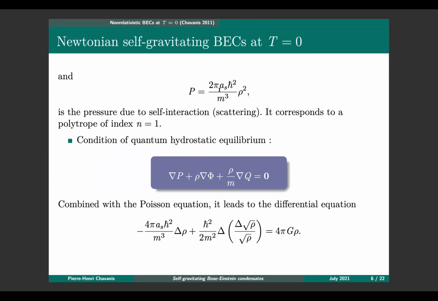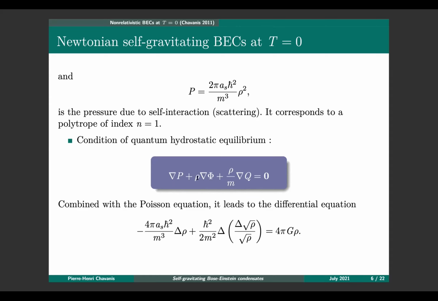When the scattering length is positive, we have a positive pressure, so a repulsion, while when the scattering length is negative, we have a negative pressure corresponding to an attraction. The condition of quantum hydrostatic equilibrium expresses the balance between the pressure due to the self-interaction, the gravitational attraction, and the repulsion due to the quantum potential.